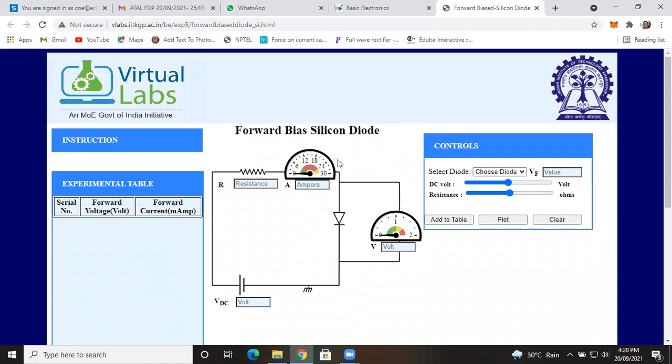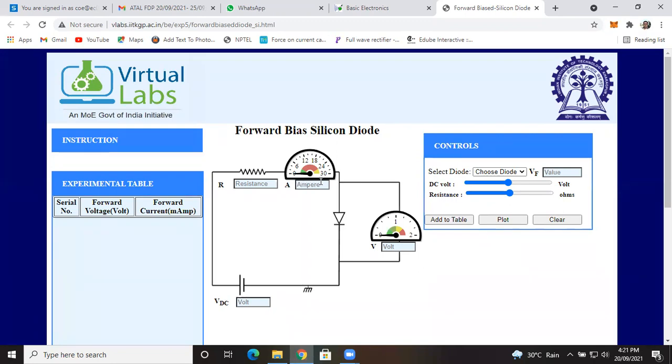Now a meter is connected in series with that diode, and that meter is called an ammeter. This ammeter measures the current flowing through the diode. The basic point behind measuring current is that current is always measured in series.